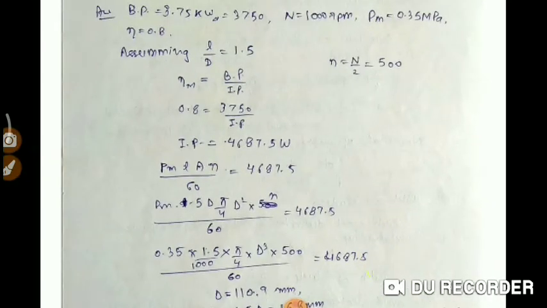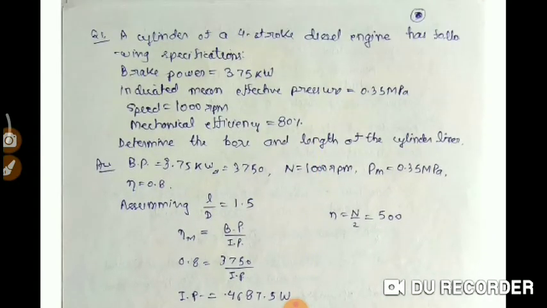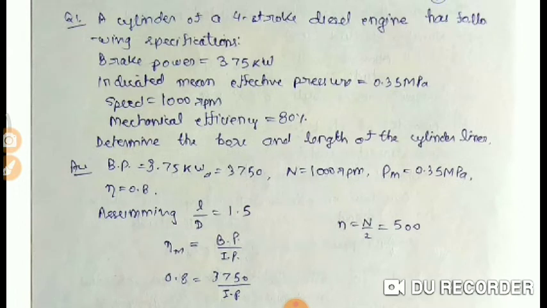Now here we have some problems, very easy problems. First problem is very easy. In this problem we have all the data provided by the question. A cylinder of a four stroke diesel engine has the following specifications.